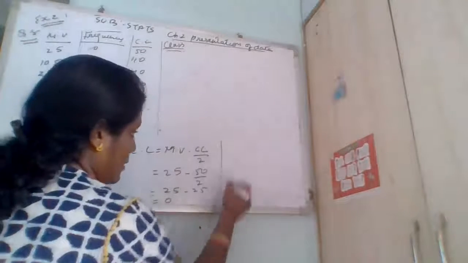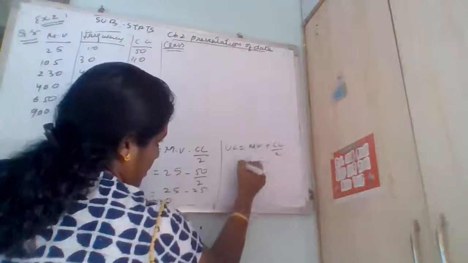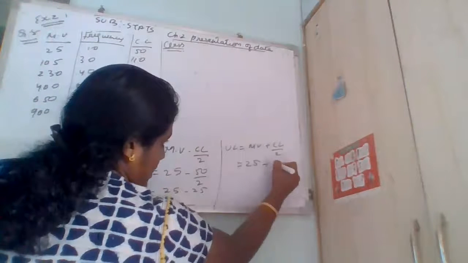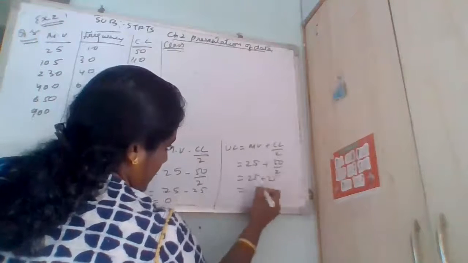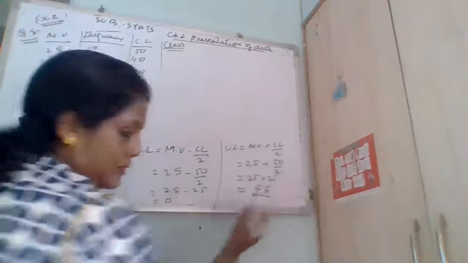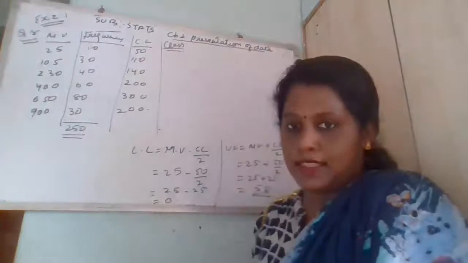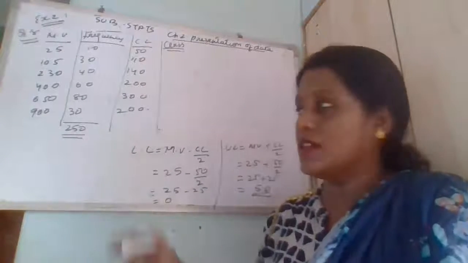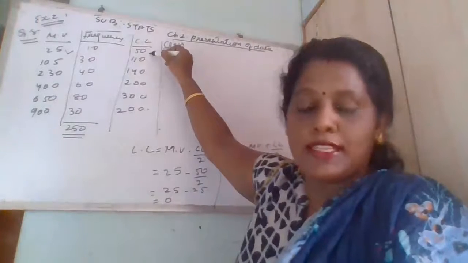Right? Now your upper limit: mid value plus class length upon 2. 25 plus 50 upon 2, 25 plus 25, that is 50. Okay, so this is your first class, because we have taken the mid value of the first class and the first class length.